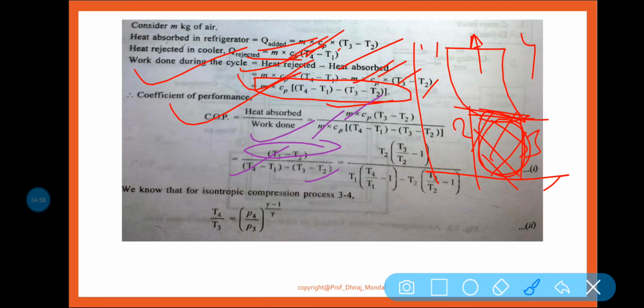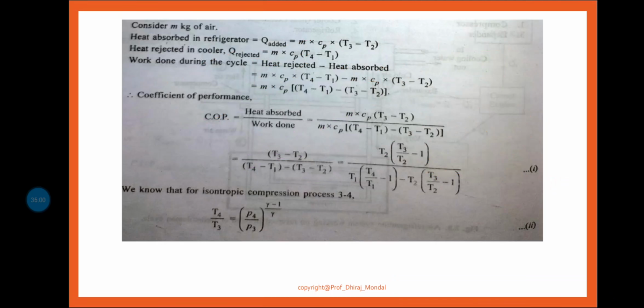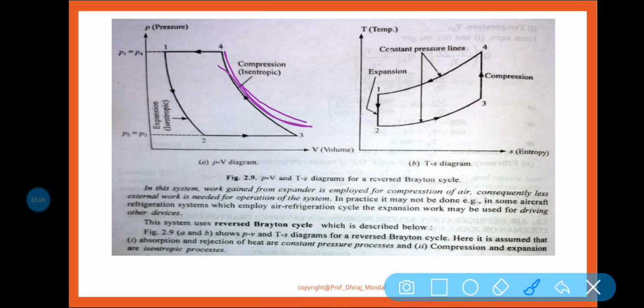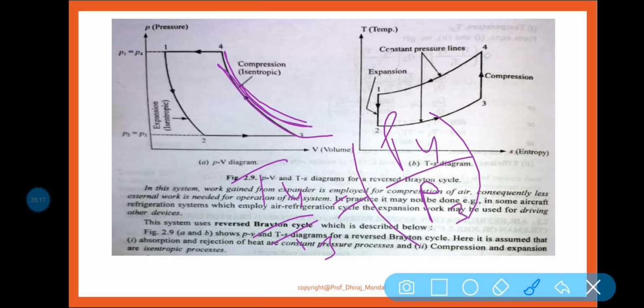Now you know that process 3 to 4 in this diagram is an adiabatic process. So what we can write: T4 by T3 can be written as (P4 by P3) to the power (gamma minus 1) by gamma. Do you know this formula?